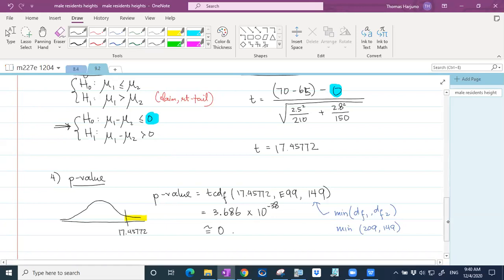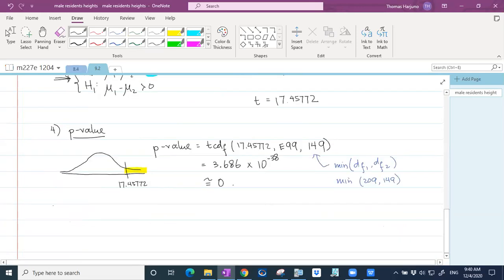Okay. Now step 5, step 6, I think we can do it ourselves. Let me finish it up. So step 5, informal conclusion. There will be a reject null hypothesis. And therefore, step 6 conclusion.